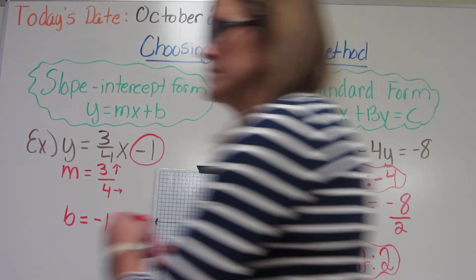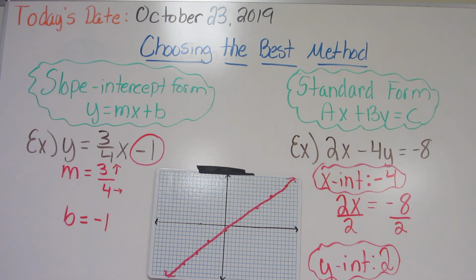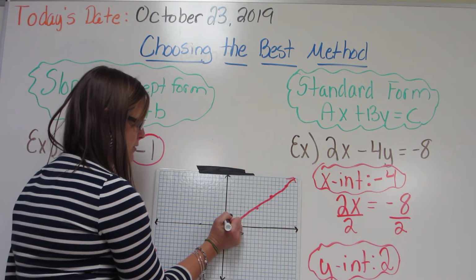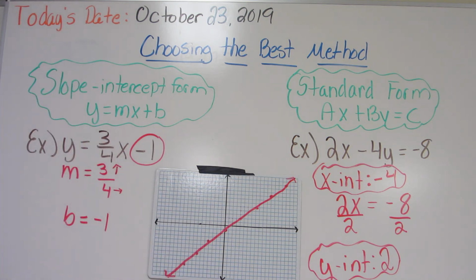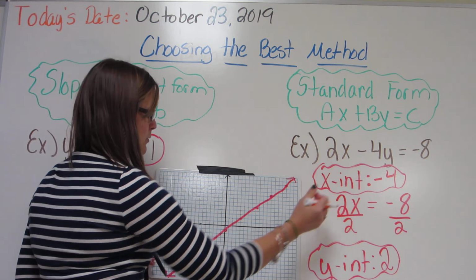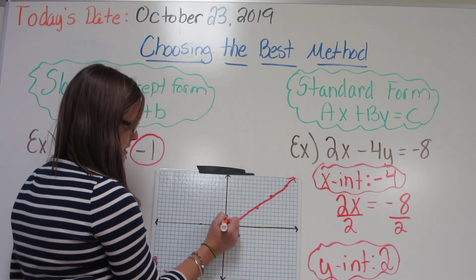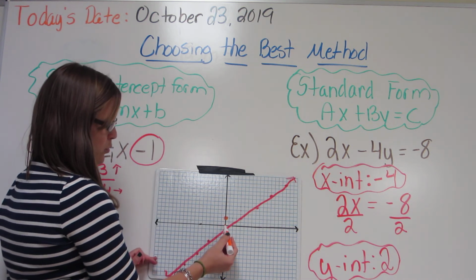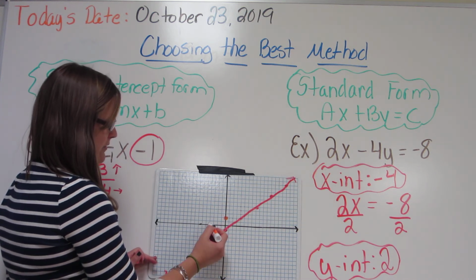I'm going to do this in a different color, since my line is in black. So I put a dot on my y-intercept. My y-intercept is +2, put a point here. My x-intercept is -4, so I'm going to go to the left, 1, 2, 3, 4.